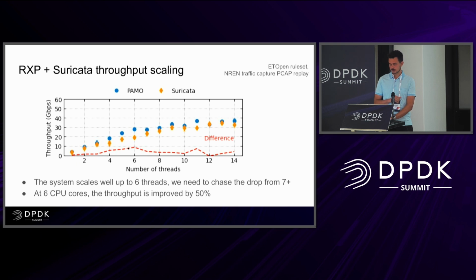The red line shows the difference between the two systems, and from 6 cores we currently see a decline in the difference, and we need to evaluate why. But up to 6 cores we are very optimistic about the solution and how it can help to improve the performance.